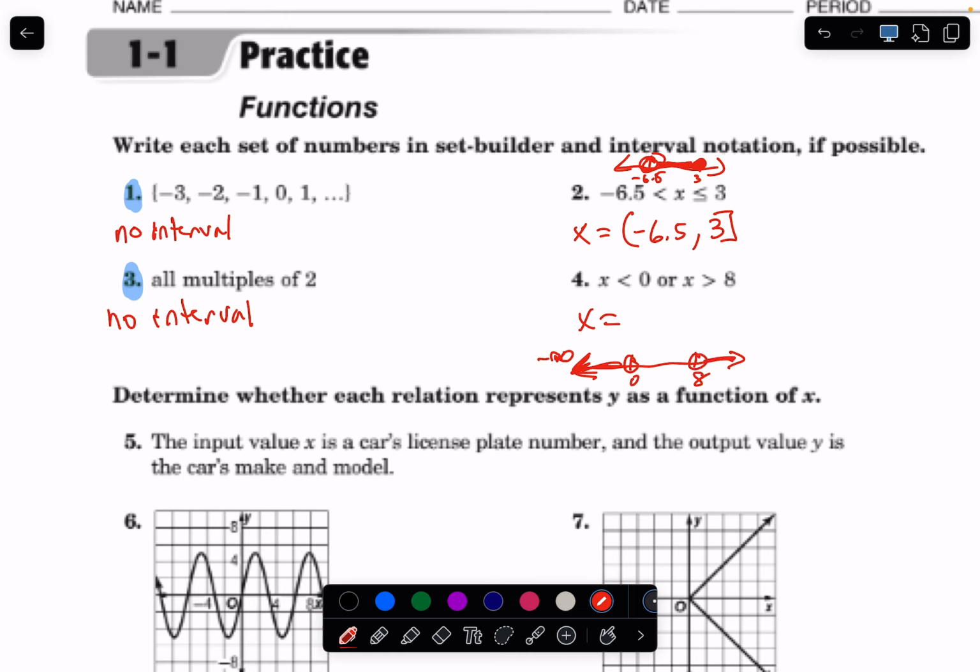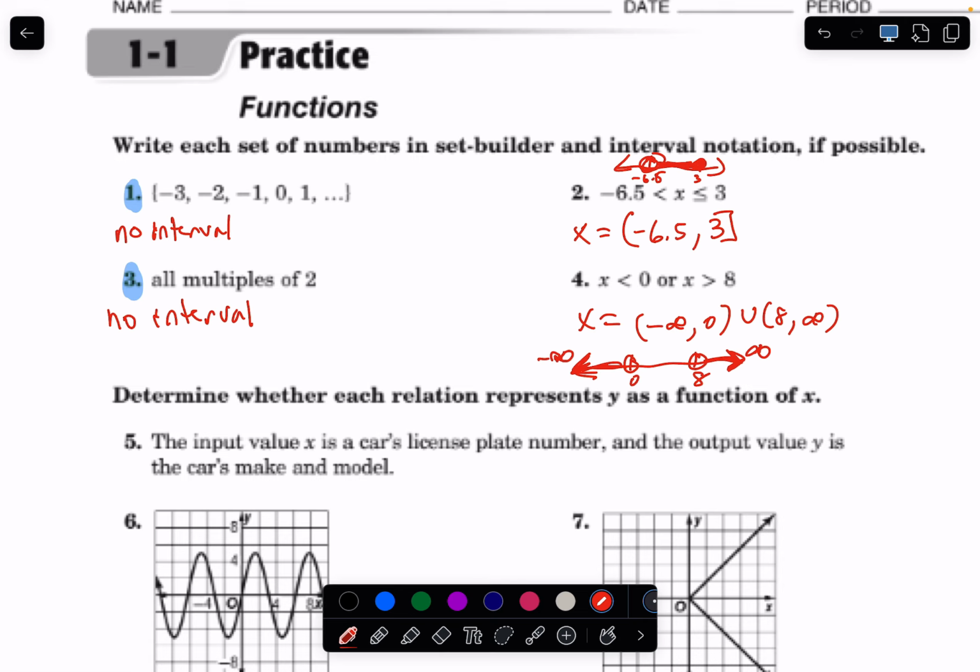Open circle at 8, color it in. I put the infinity there just as a reminder. Now, interval notation always goes in exact number line order. So it's going to go from negative infinity up to 0. It needs a parenthesis, and then our union, and then 8 to infinity. Okay, so that is the interval part of things.